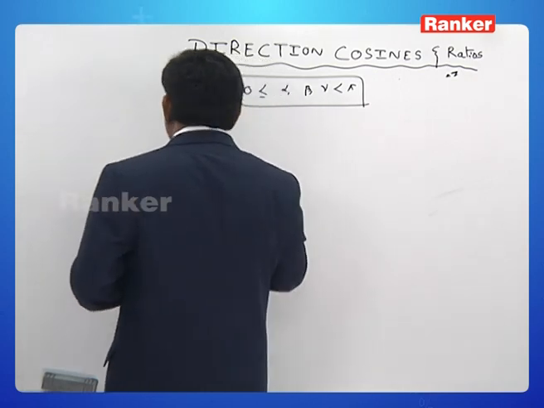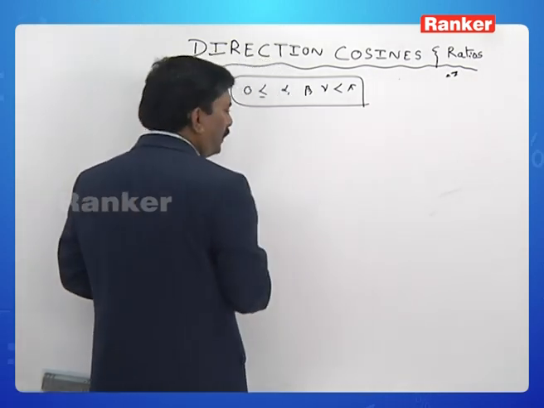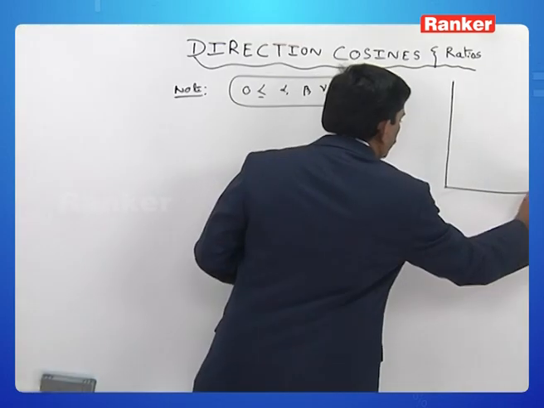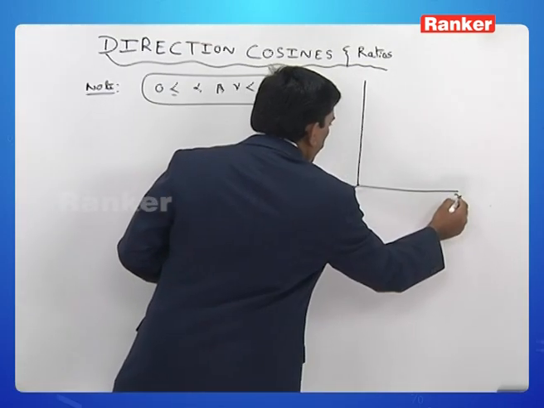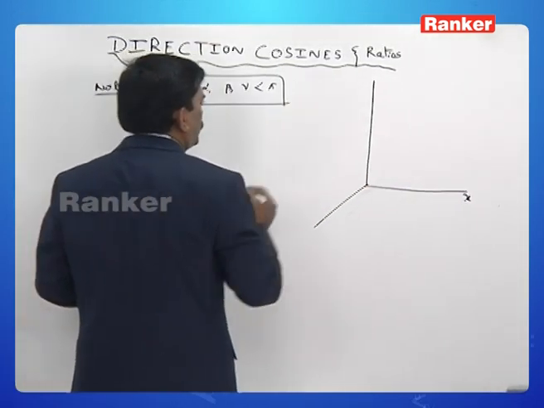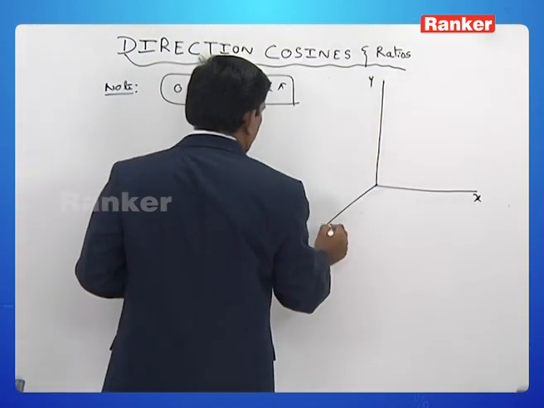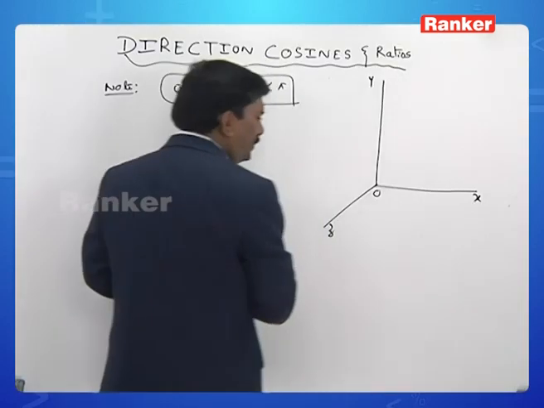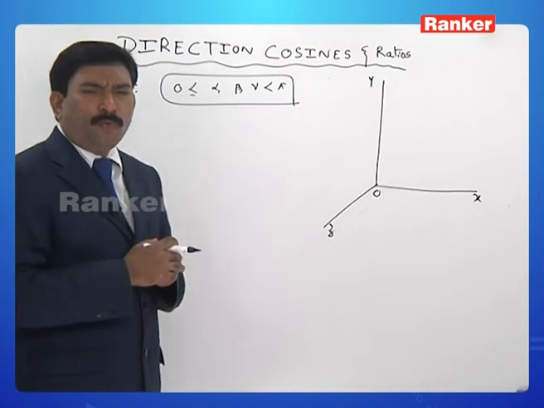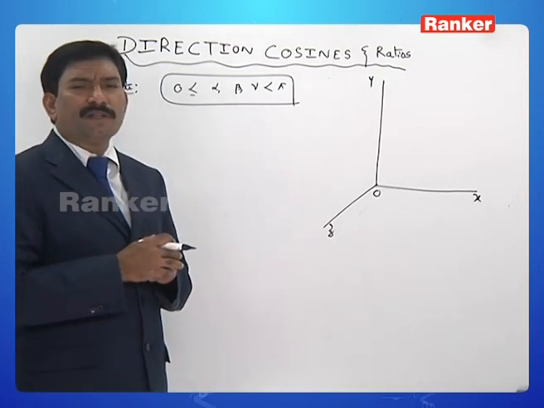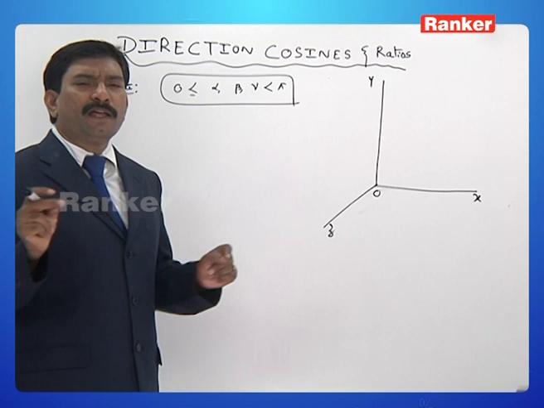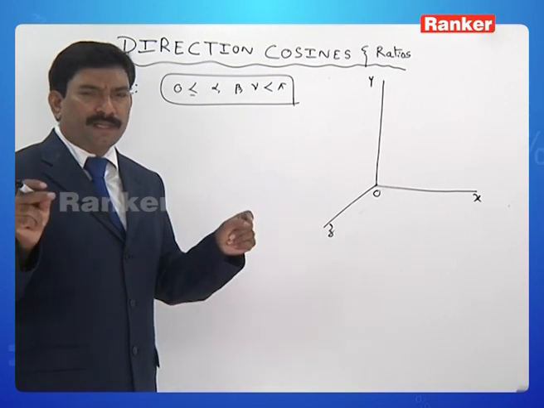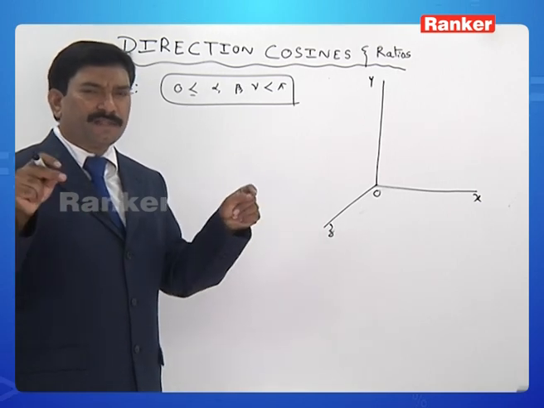Now I want to find the direction cosines of the axes. This is the x-axis, this is the y-axis, this is the z-axis, this is the origin. What are cos alpha, cos beta, cos gamma? They are for a line making angles with the positive directions of the x, y and z axes.